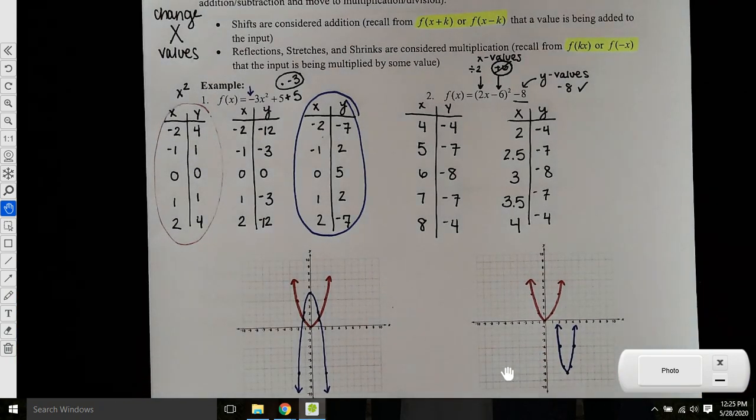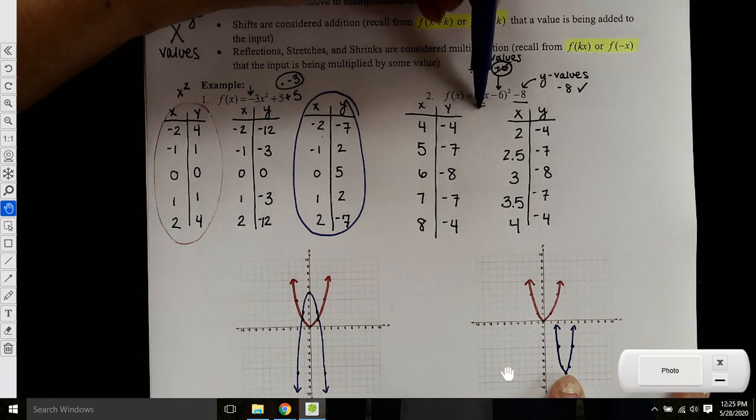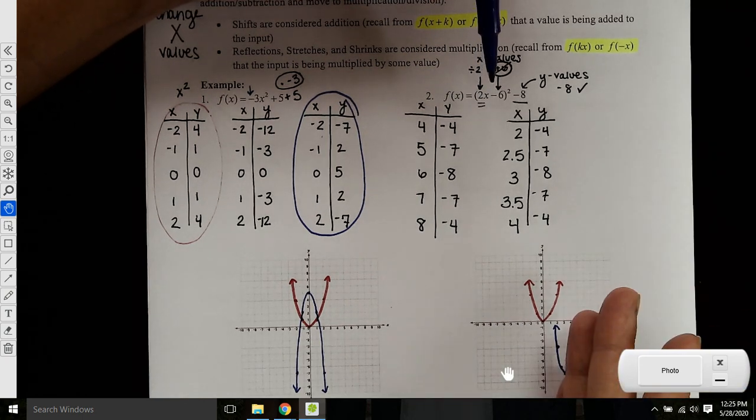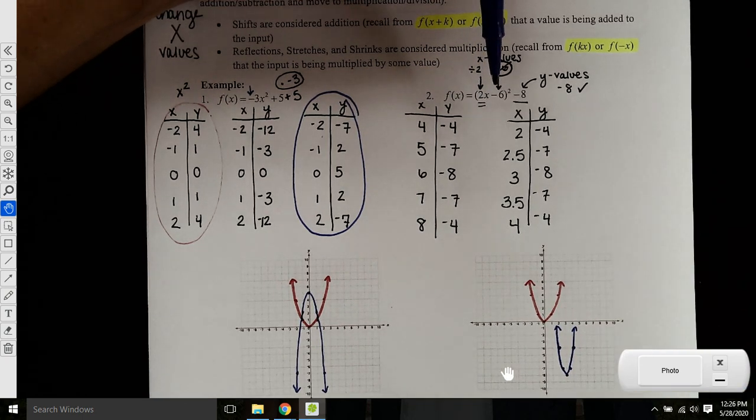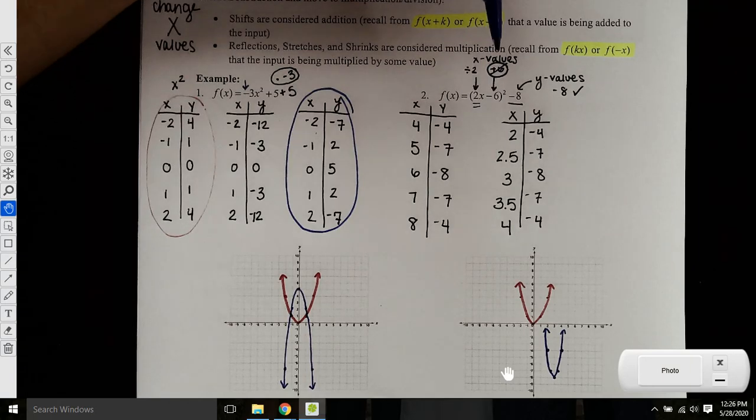One thing to keep in mind, I know I said I was going to move right 6, but after I moved right 6, I needed to divide by 2, which actually moved that in. So with order of operations, we haven't actually looked at one that has a coefficient of x on the inside. So that changes the idea of where the vertex is.